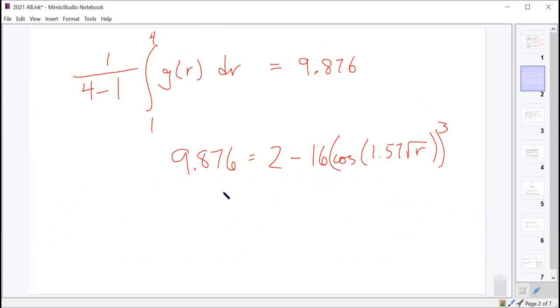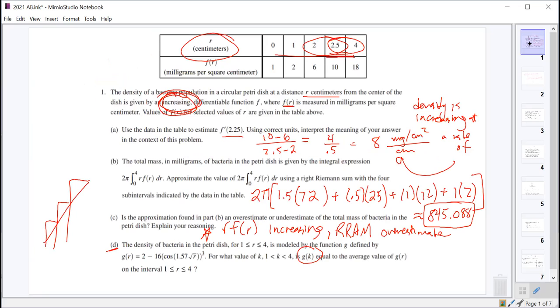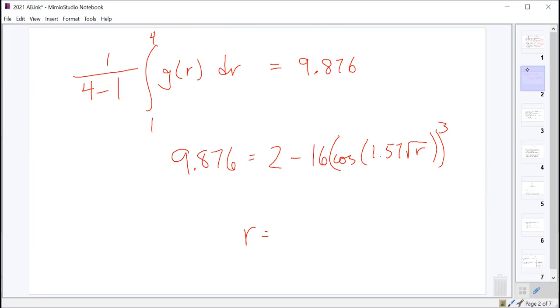Get some value for r. What is that value? Now what do they want? They want it to be g of k, so we'll make this a k, just for the correctness of the variables that they gave us.